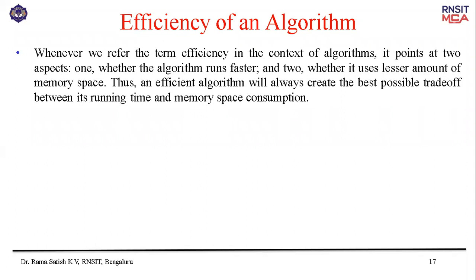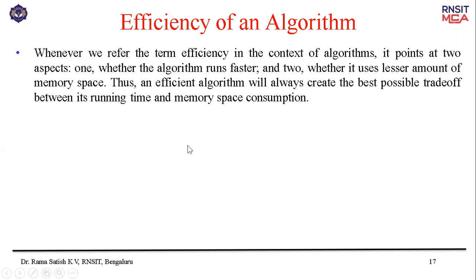One is how quick it can run, and how much memory it is going to take. Time and memory, we call them time complexity and space complexity. Time and space complexity are to be analyzed in order to check the efficiency of an algorithm.